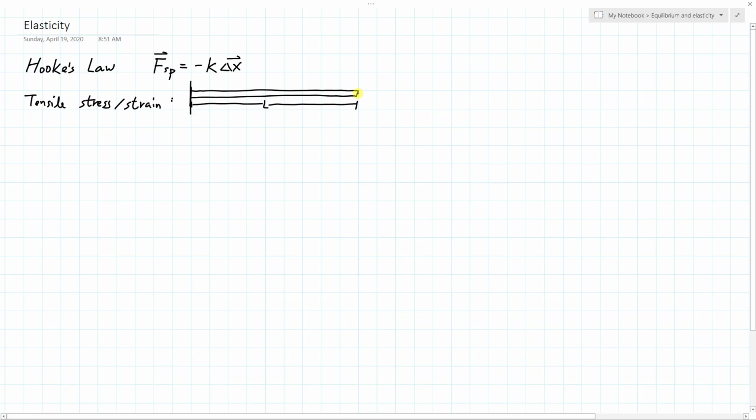The other end is free to move, so you stretch it with a force. This is the force, and the result is it has been stretched a little distance. And this little distance is delta L. So that's a result. And we also have some knowledge of the area of this elongated shape.